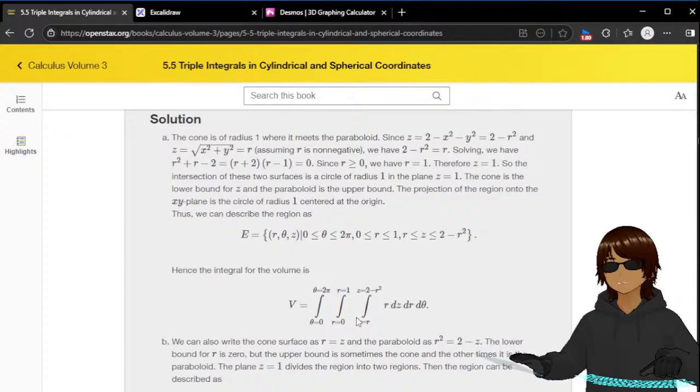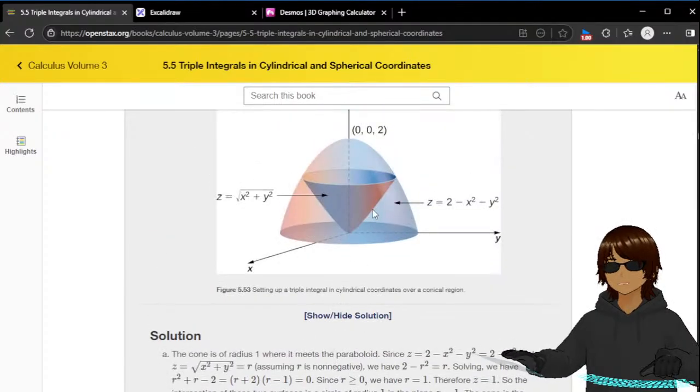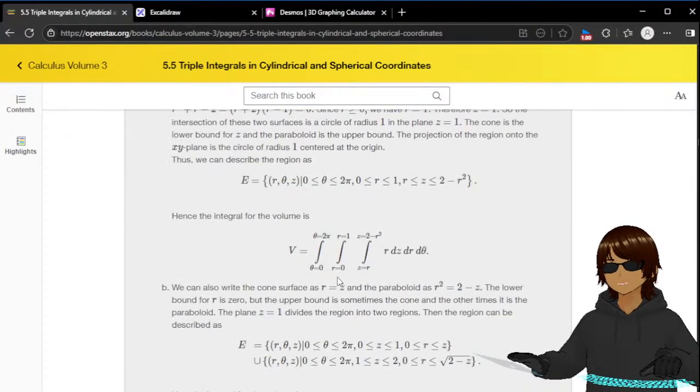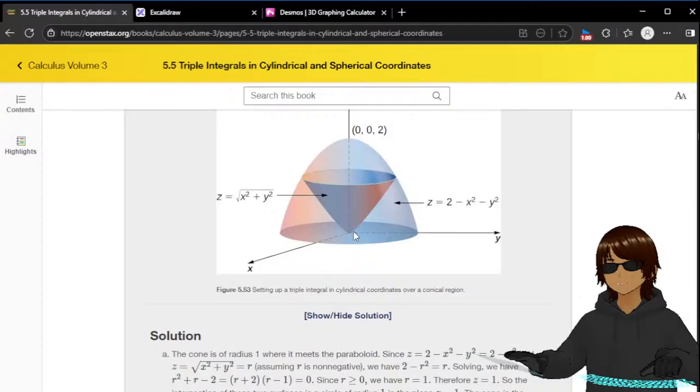So I think when we do this, z is going from here, the bottom of the cone, to the top of the paraboloid. We're summing all of these z. r is from 0 to 1.